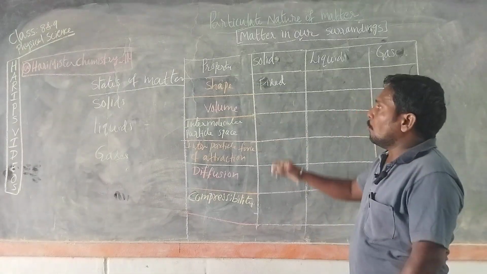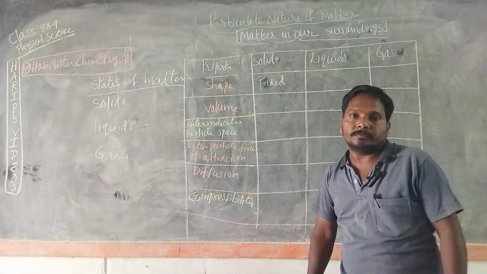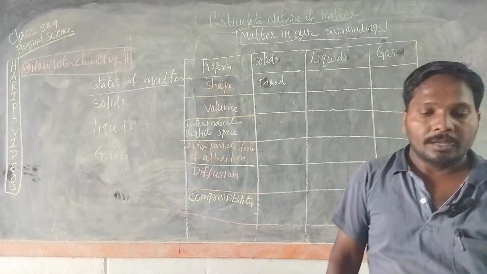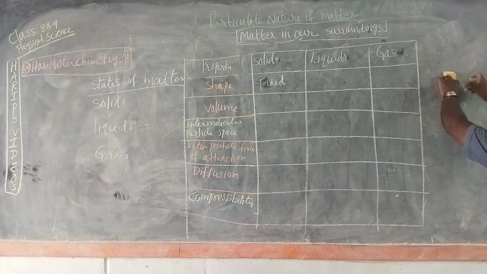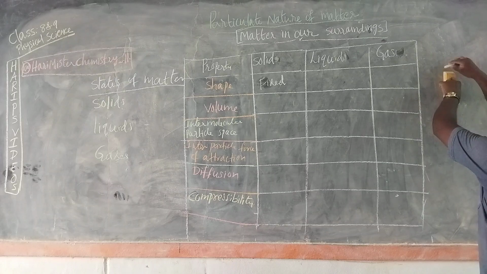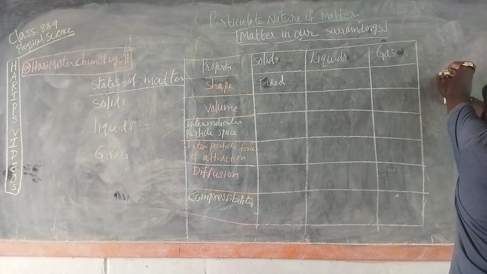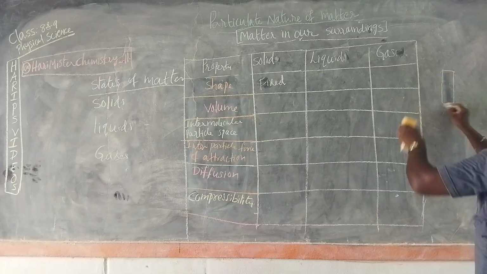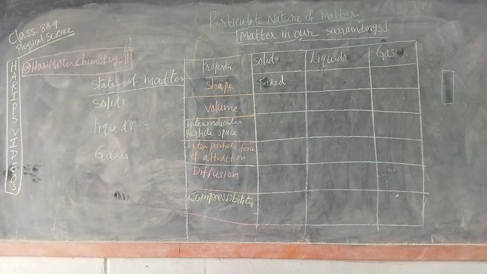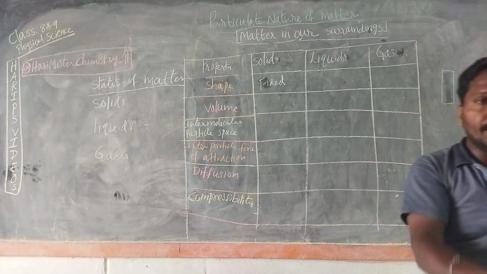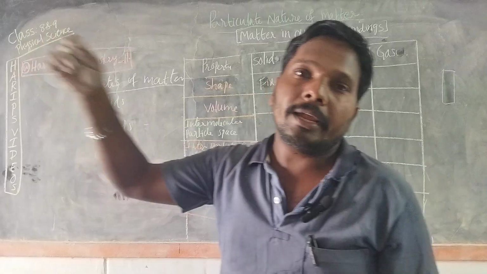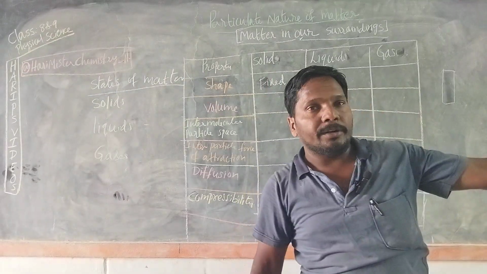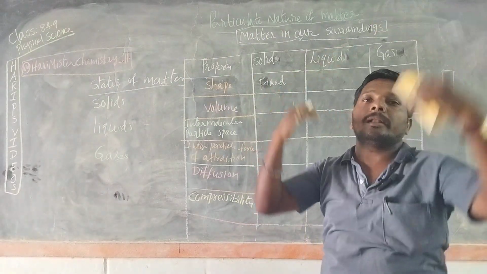Then what about the volume? How much space is occupied here by the duster? The same space is also occupied on my palm, on the chair, on the table, on the floor, outside the classroom, on the board, on the window, on head, on body.